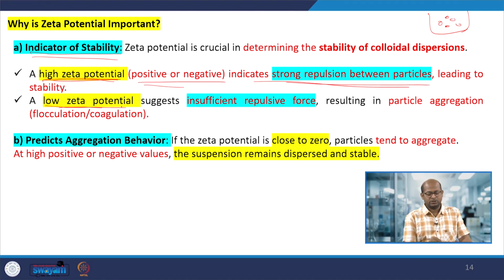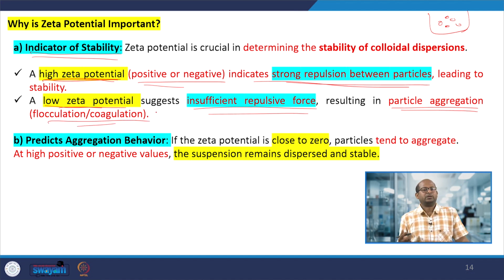If the zeta potential is low, there is insufficient repulsive force between particles, and as a result the particles will aggregate. Once particles aggregate in terms of flocculation or coagulation, they will be deposited, and then the particle property, and therefore the solvent property, will be affected.